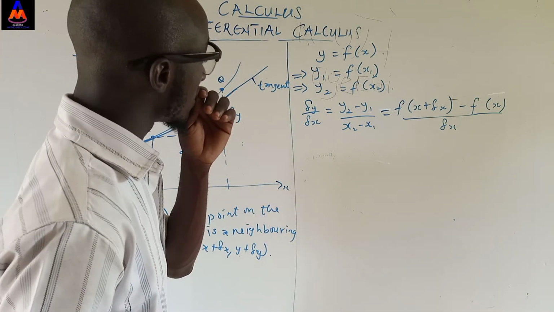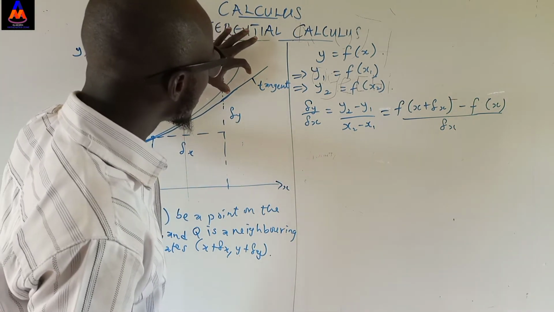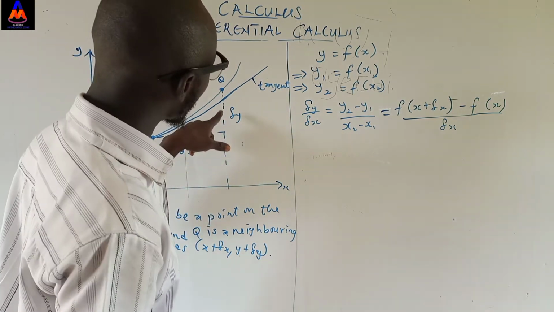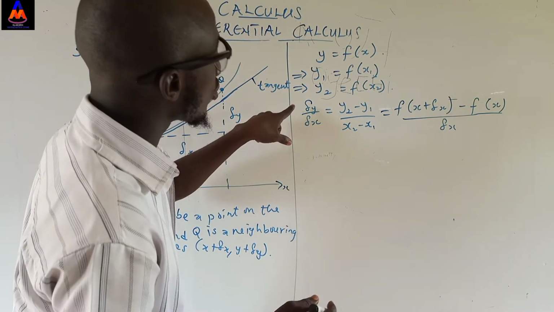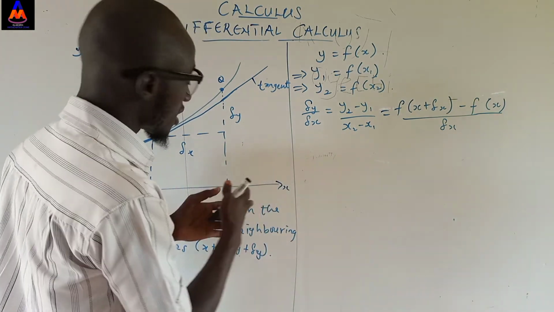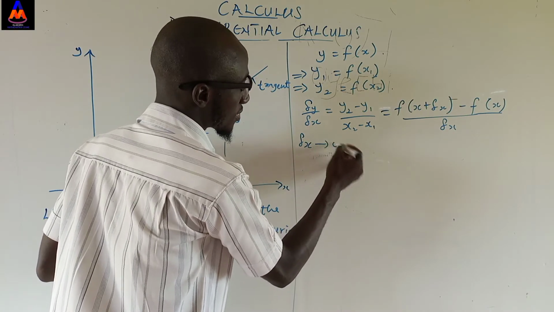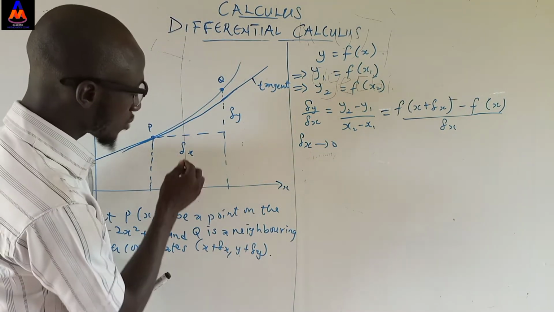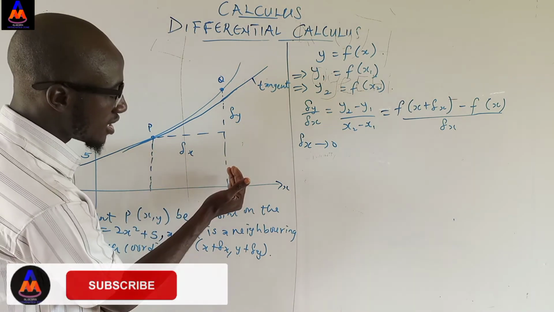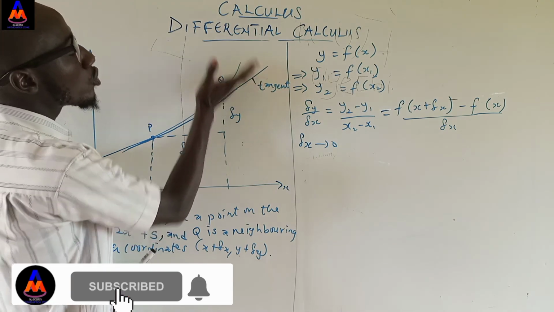Then the next thing we have to know is that if we want to have this change in y and change in x, if we want to have change in y disappear, if you don't want to experience the increment in the y, which is dependent on the increment in x, let's say our change in x goes to 0. We try to reduce our change in x, the increment in x, so that the opening here will close up.